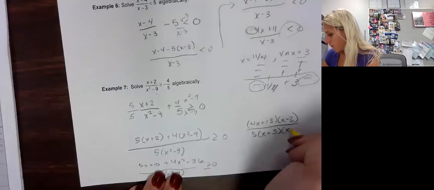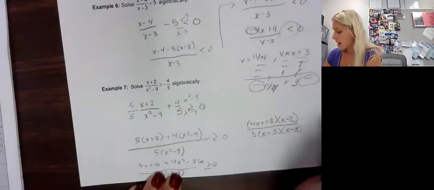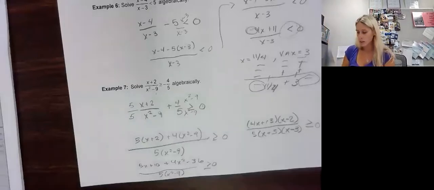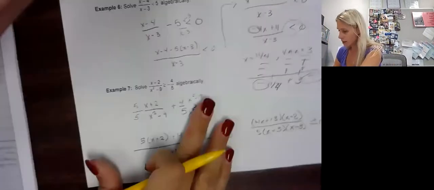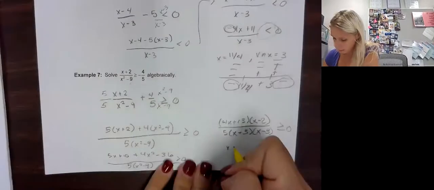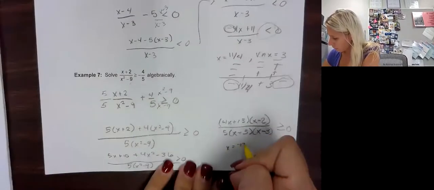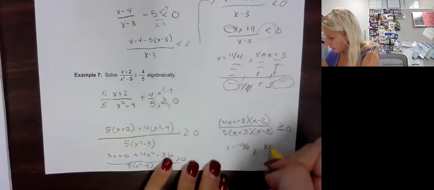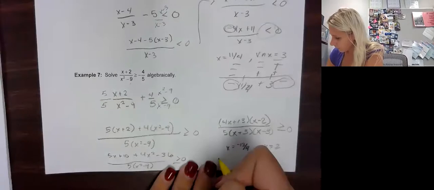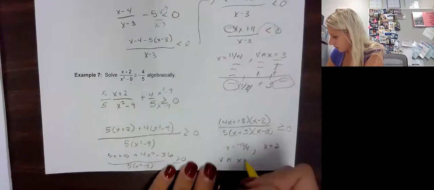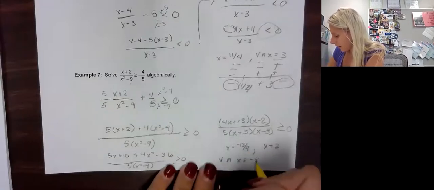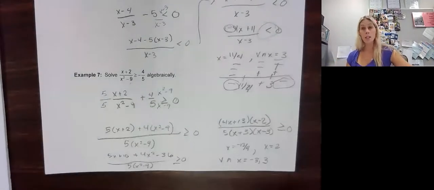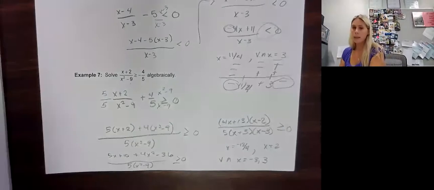And what do you know? Set the top equal to 0, so we get our two solutions, right? We get x equals negative 13/4, x equals 2, and then we have our vertical asymptotes at x equals negative 3 and 3, and then we would come out with the same solution as we did for this one.